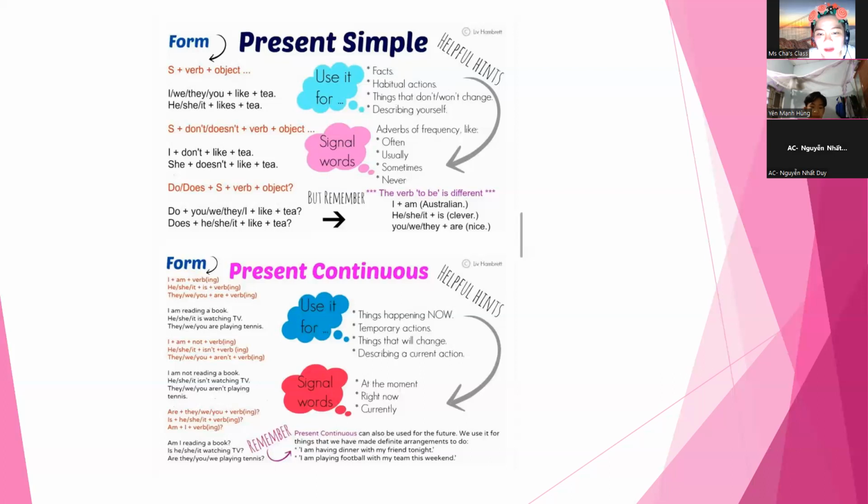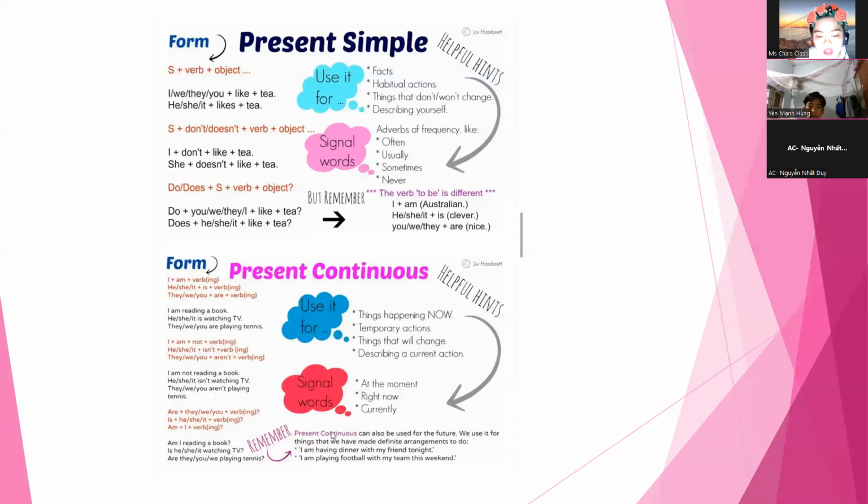And we will talk about timetables. And present continuous, we talk about describing, or around the near future.